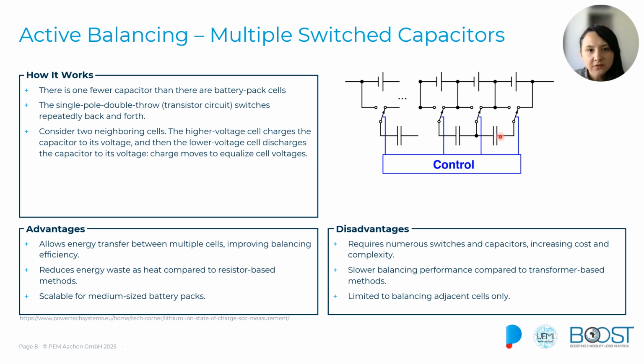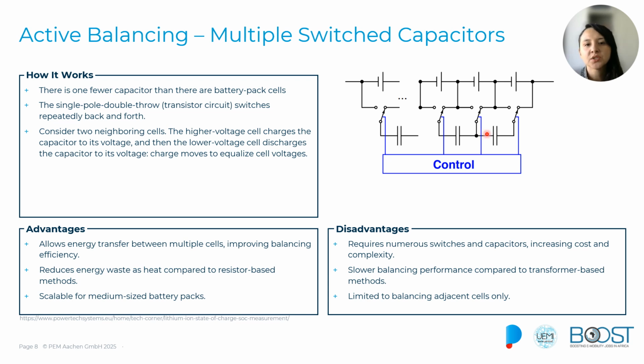The capacitors are components that will act as temporary storage devices to move the energy from one cell to another. The process in this case will start with identifying those cells that have the higher capacity, or the higher energy, and the capacitor is then connected to those high voltage cells through the switches that we can see here, and this allows us to charge this capacitor up to the cell's voltage.